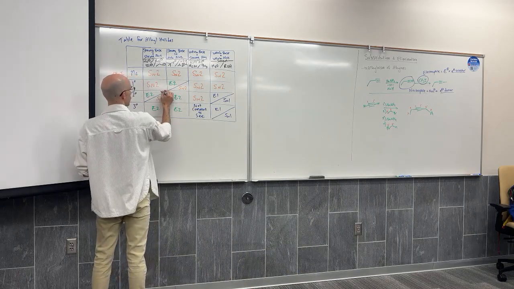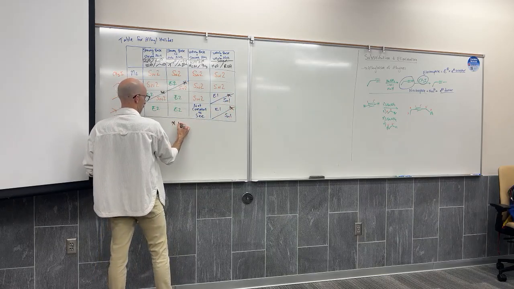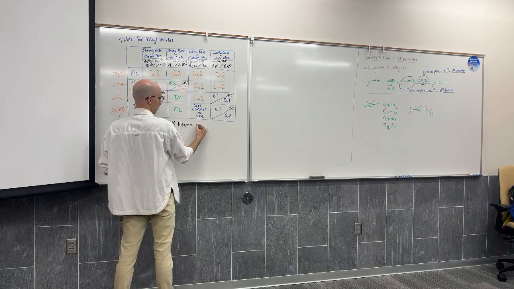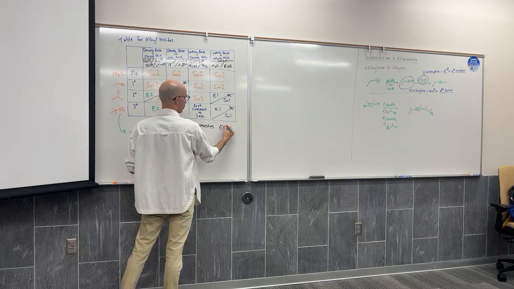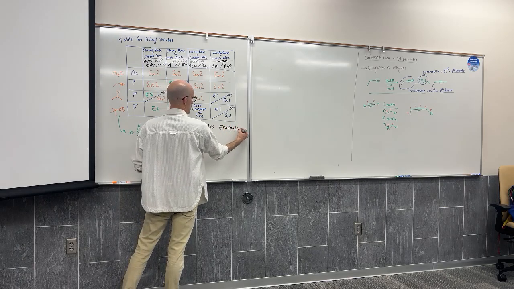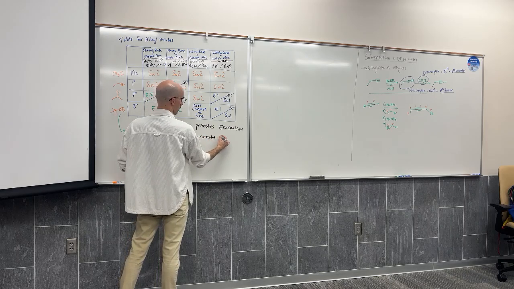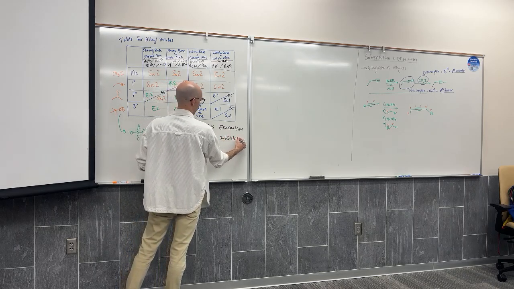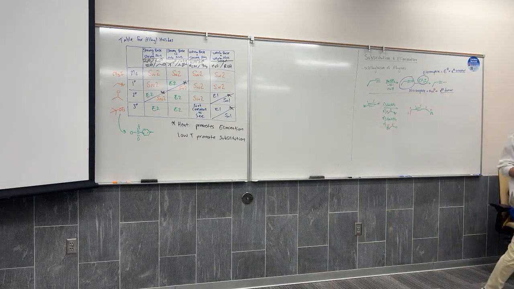So in these conditions, adding heat promotes elimination, and low temp promotes substitution. There's a lot of detail packed into this one little table, isn't there? And there is one more detail that I need to share.